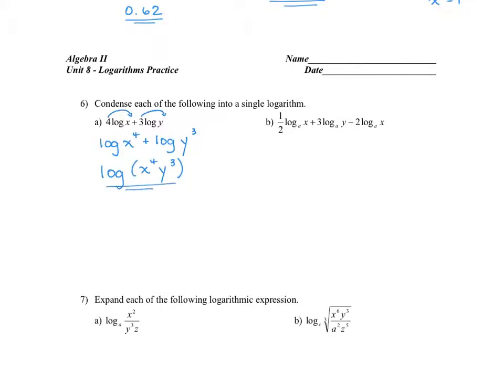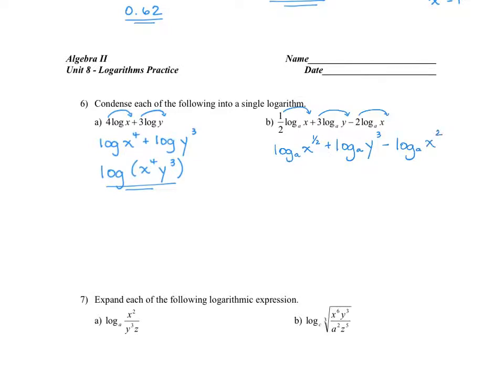Again, we're going to pull the numbers out front up into exponential position. So it'll be log base a of x to the 1/2 plus log base a of y to the 3rd minus log base a of x squared.